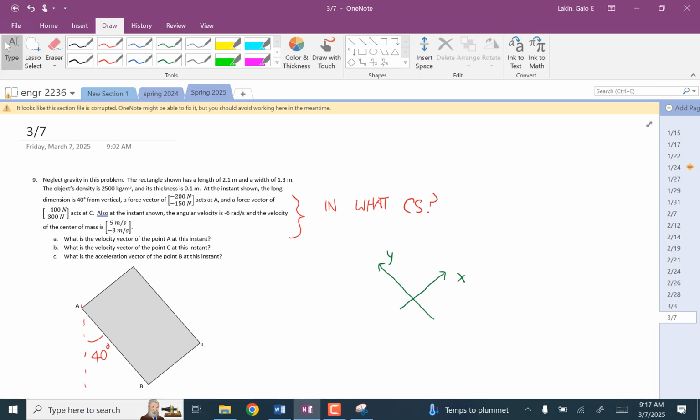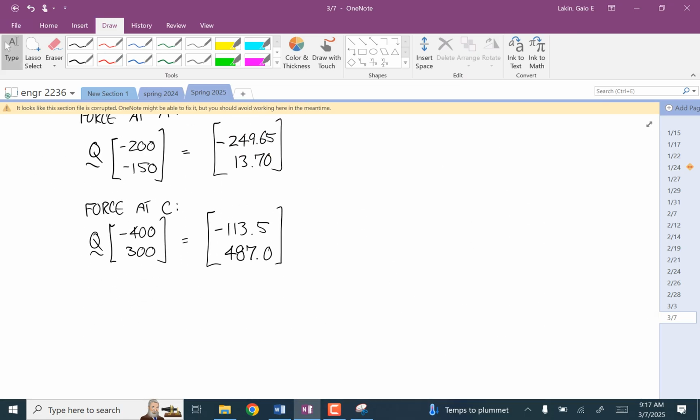And then the last thing it gives us is the velocity at the center of mass. This works for any vector, not just force vectors.